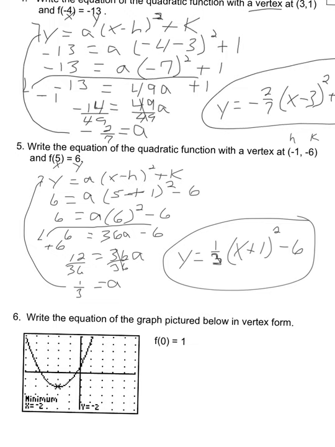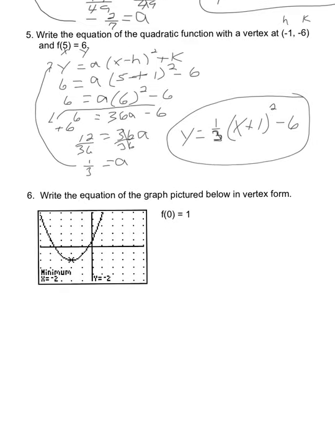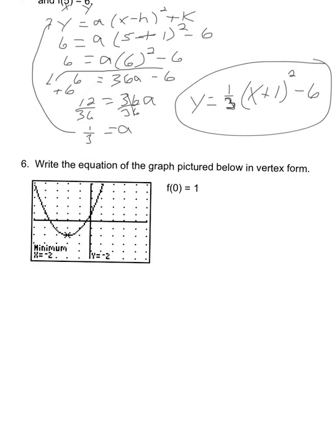All right, and finally, we have a vertex form with one that is actually graphed. So we have to find our vertex. In this case, it gives it to us, but if it didn't give it to us, we would know to go over, to get to my vertex, go over negative 2 and down 2.